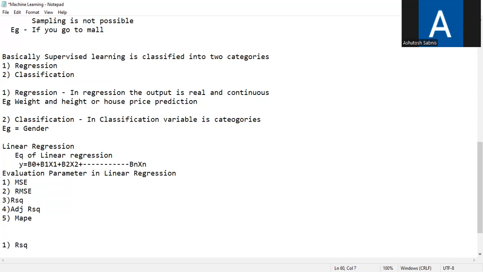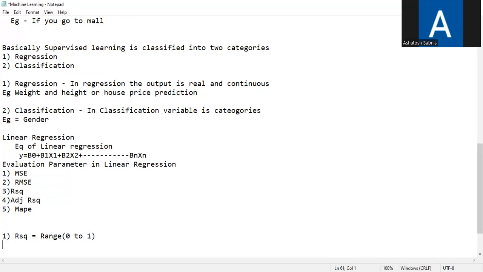R square. What is the range of R square? Range 0 to 1.